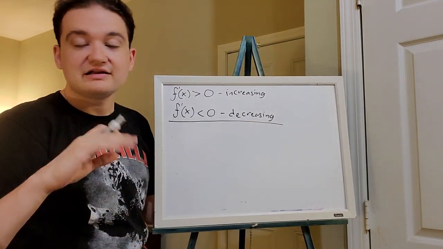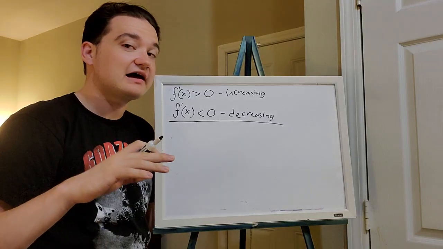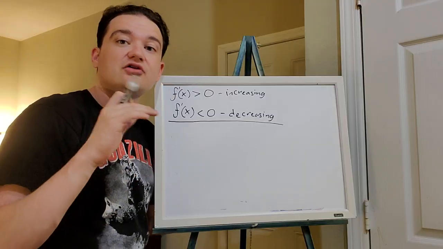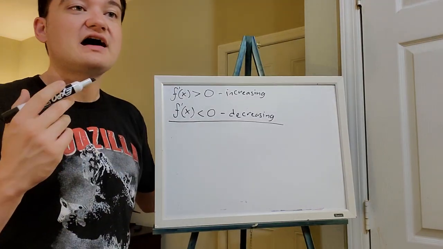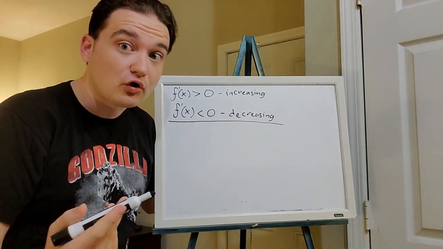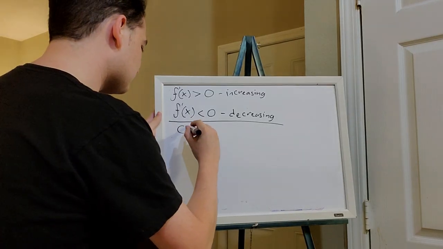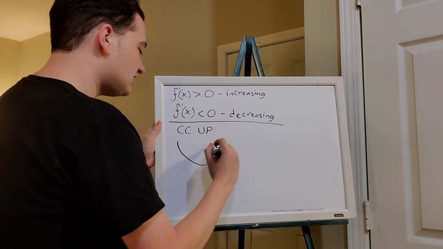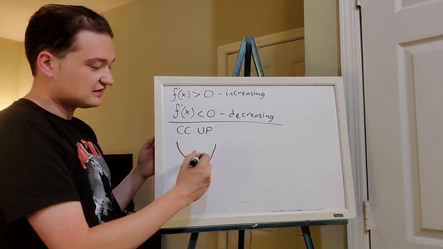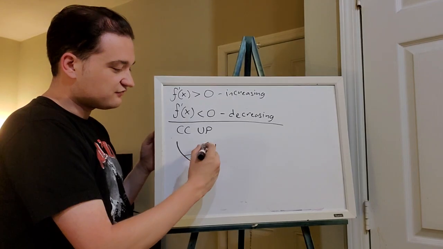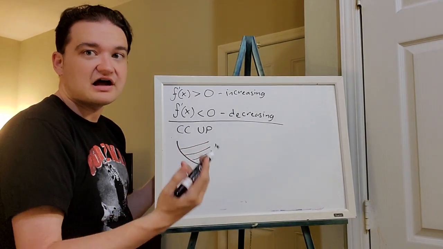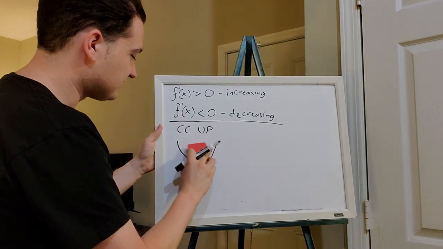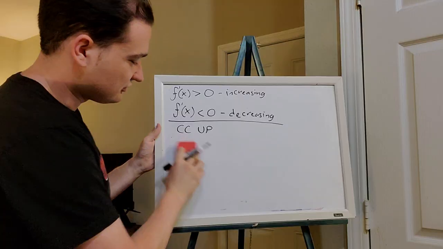Okay. Now, concave up and concave down. Still doable, a little bit more complicated. So, concave. What does concave up mean? Means it looks like a bowl. Let me write that. So CC up, we're going to call that concave up. This function is concave up because it's like we could fill it. Concave, not convex. Let me erase some of those lines. That's just a demonstration. And we'll just redo it.